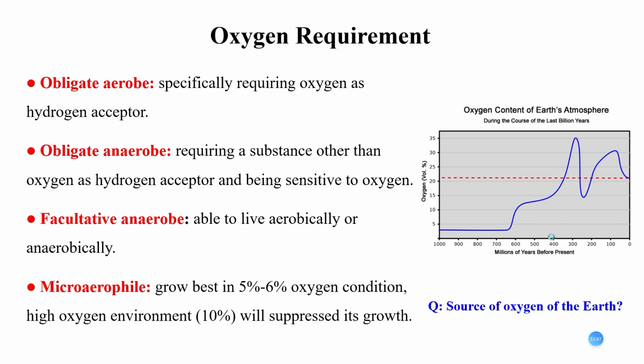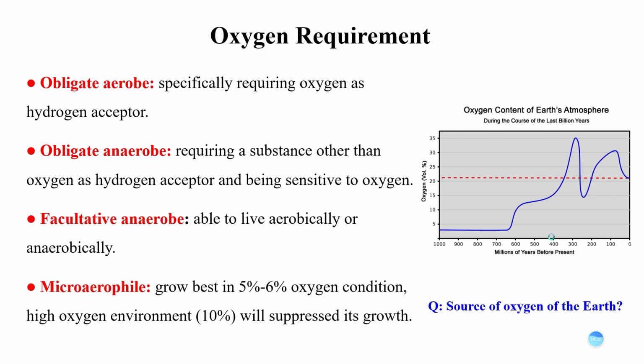So have you ever asked yourself the question, what's the source of oxygen on the Earth? Why does it increase and drop? What happened? We learned that it's photosynthesis, right?